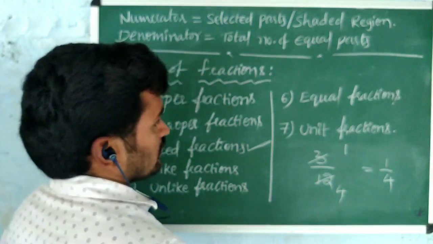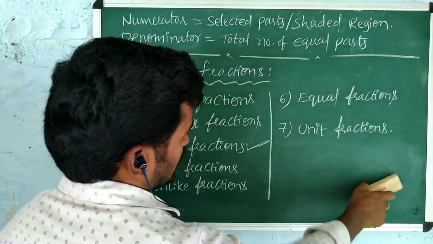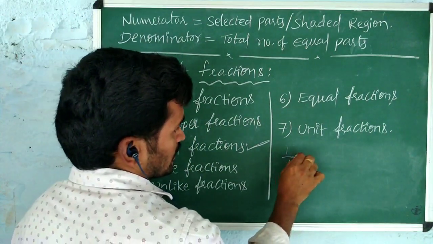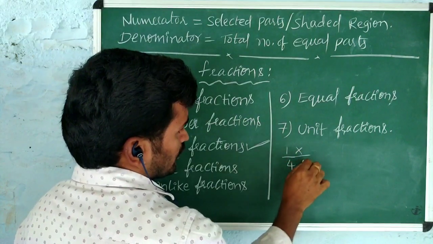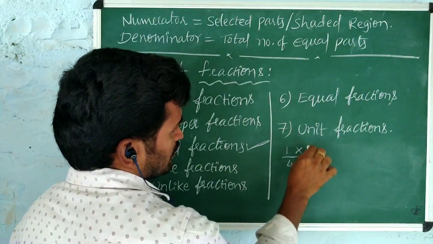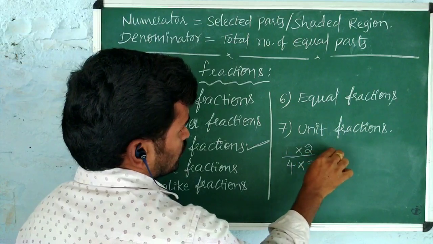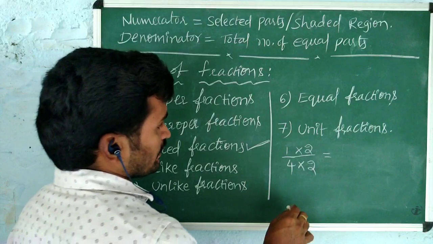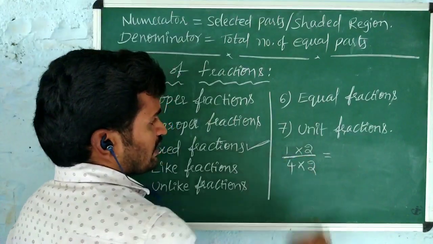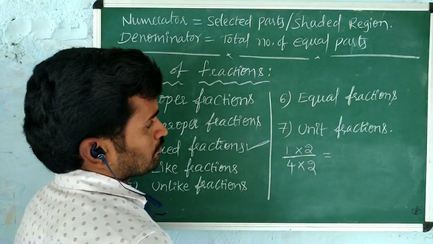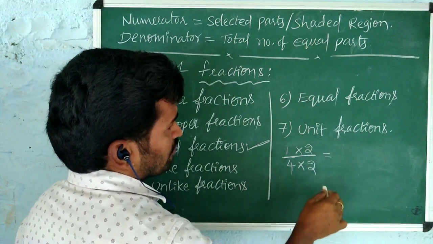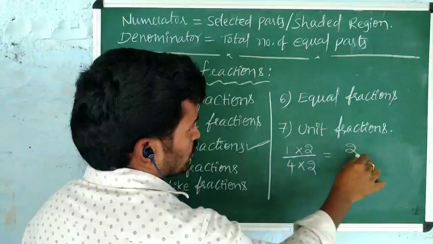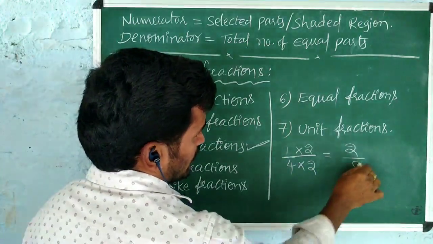Okay. See how we are doing. Here 1 by 4 is a fraction. By multiplying the numerator and the denominator by the same number, we are converting into equal fractions. See, 2 1 is 2, 2 4 is 8.